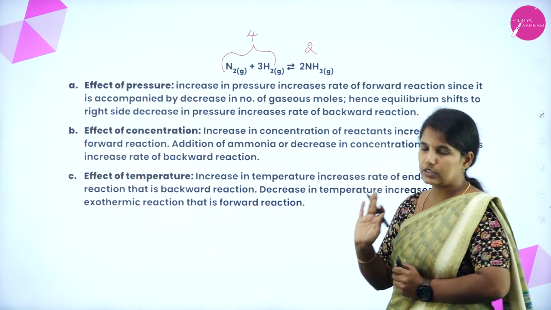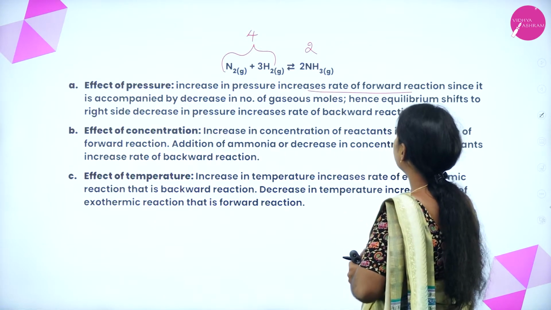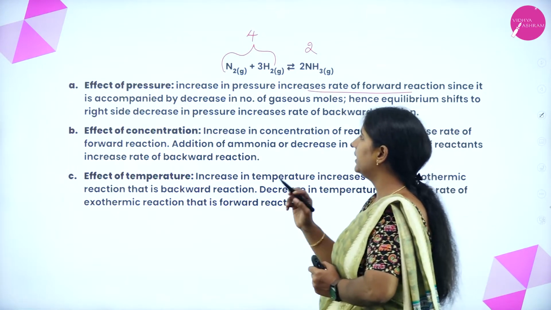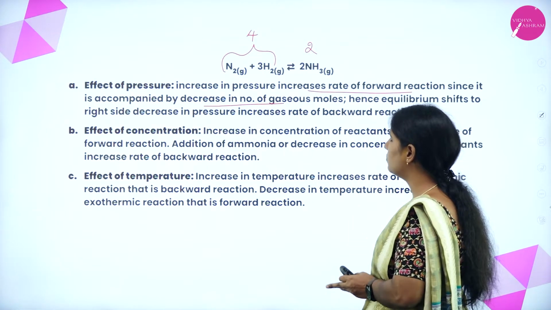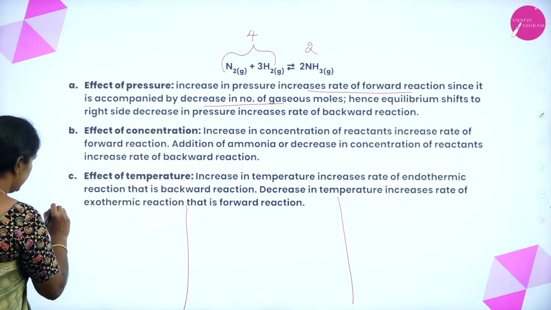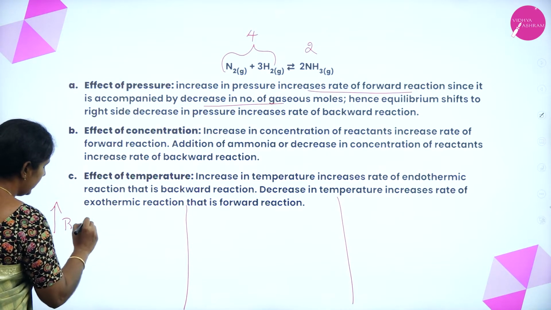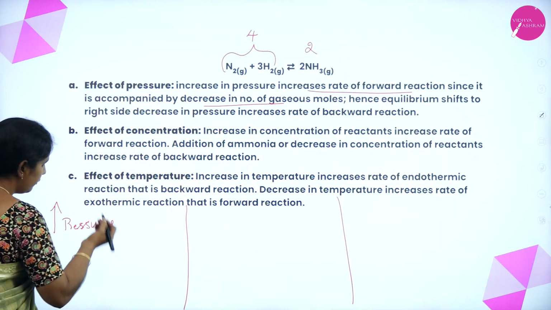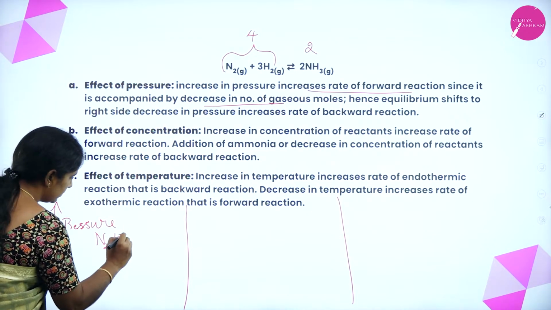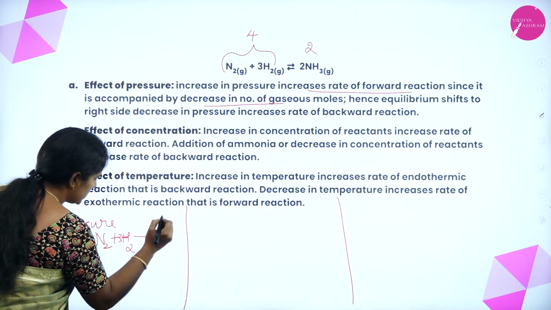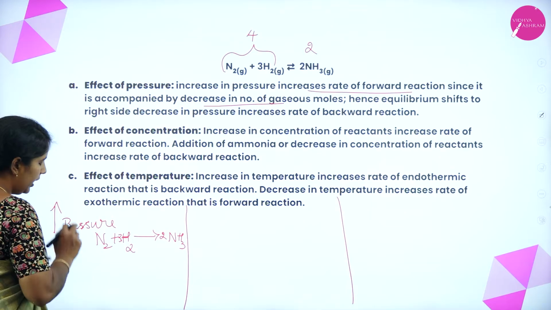First, I will go with the effect of pressure. The increase in pressure increases the rate of the forward reaction, since it is accompanied by a decrease in the number of gaseous molecules. If I increase the pressure, what will happen? The nitrogen and hydrogen react to form ammonia.